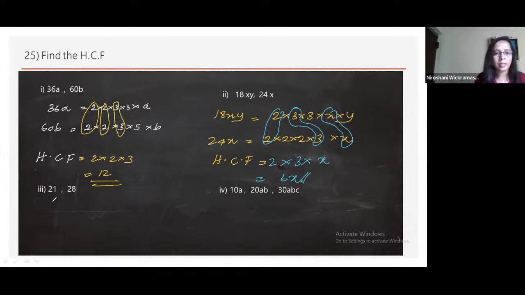21 and 28. 21 you can get as 3 times 7. 28 is 2 into 2 into 7. It means only 7 is common.